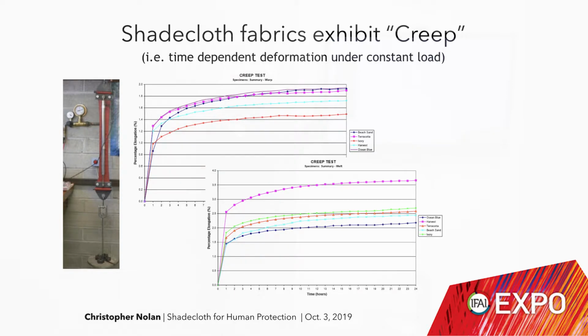And that behaviour is displayed in both warp and weft direction to a different degree. Now this has a pretty significant impact on when you are tensioning in the field. You have to recognise that you are going to get continued reaction to the force applied when you tension the fabric.